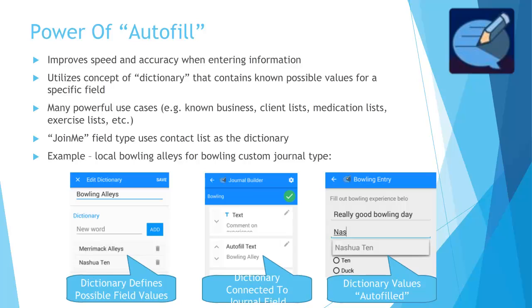There's an additional similar field that also uses autofill called join by, and what join by does is it uses your contact list as the dictionary. So when you're trying to enter in who might have joined you on a specific activity, it will look up into your contact list and help you enter that information more quickly.